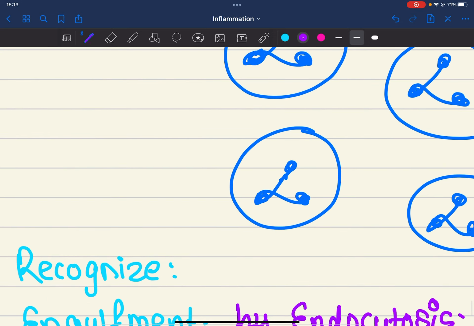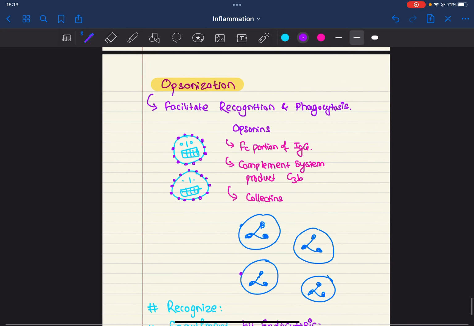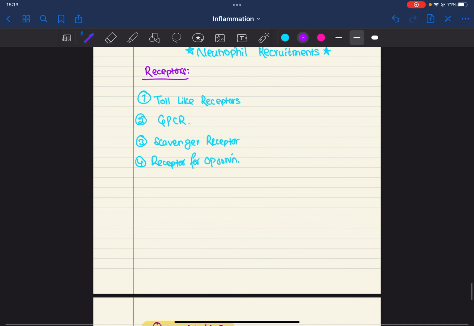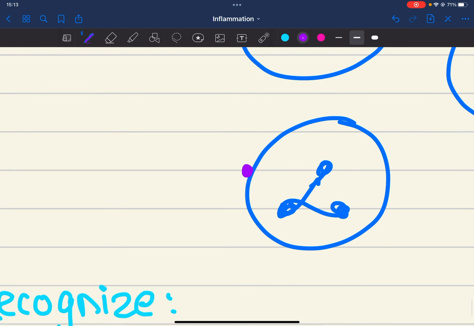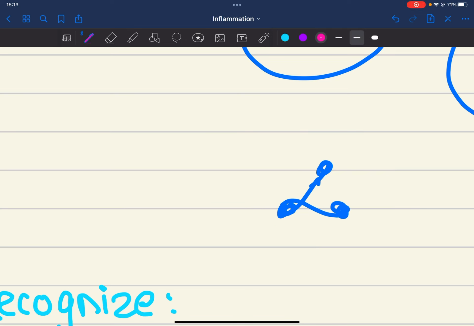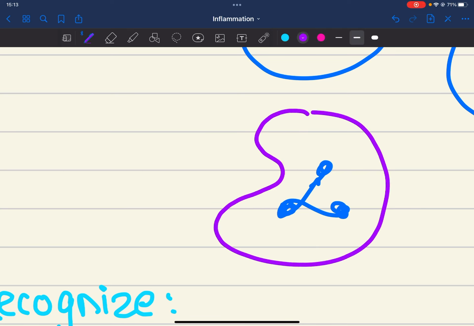That means there are receptors, the toll-like receptors, GPCR, and scavenger receptors. The bacteria coated by opsonins will bind to these receptors, and the WBC will engulf the bacteria like this.